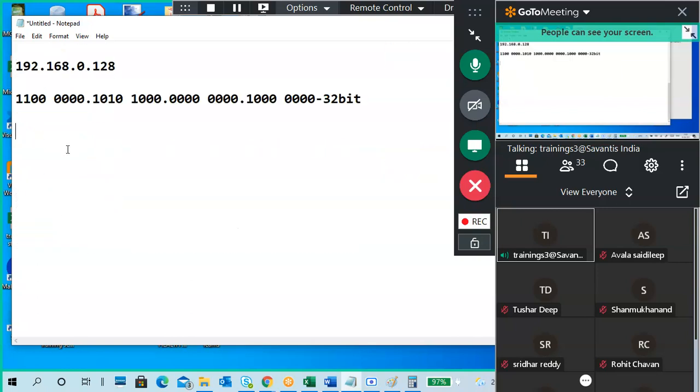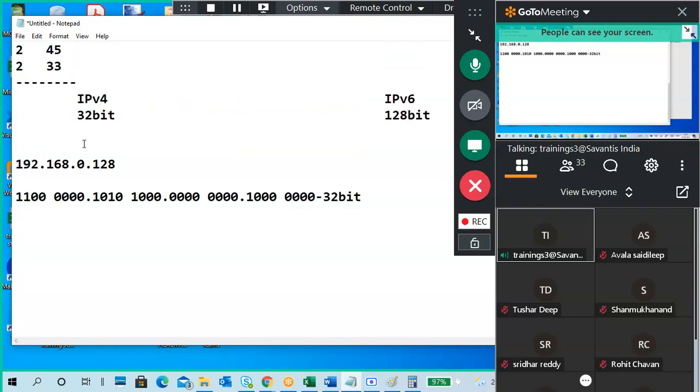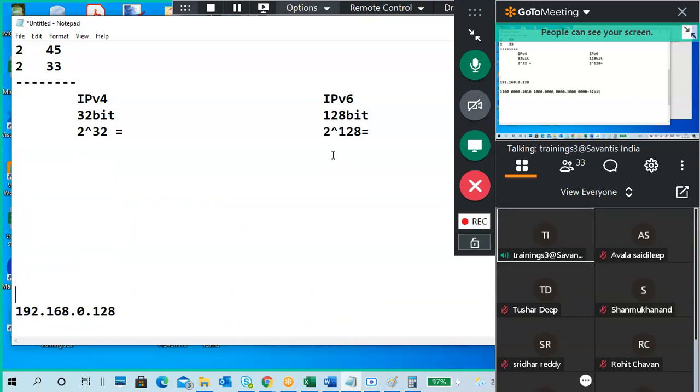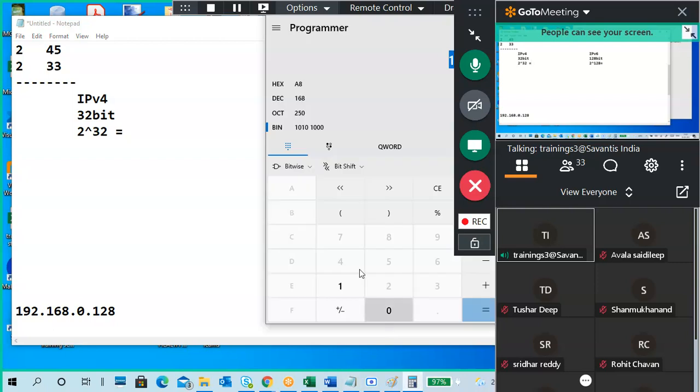Totally here it is 2 to the power of 32 IP addresses. Here, 2 to the power of 128 IP addresses we get. Now, what is the value of 2 to the power of 32?